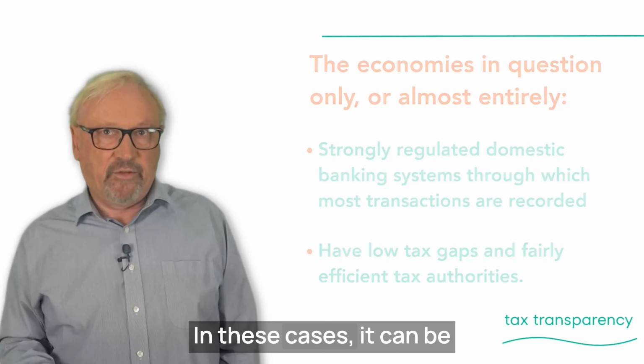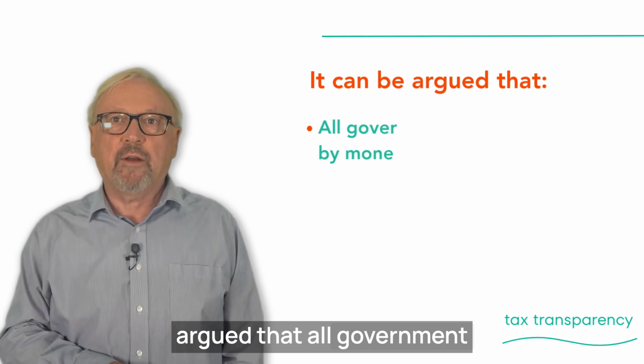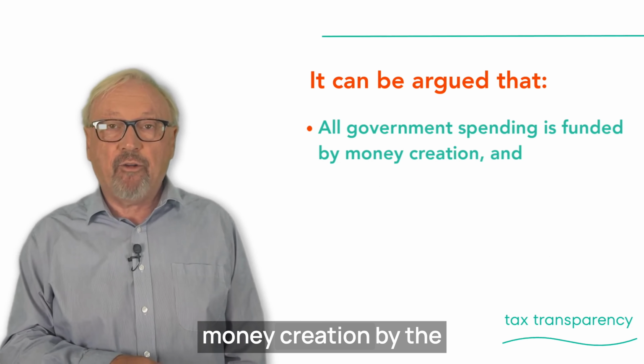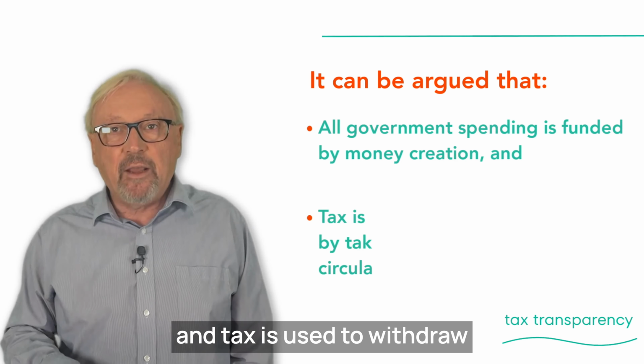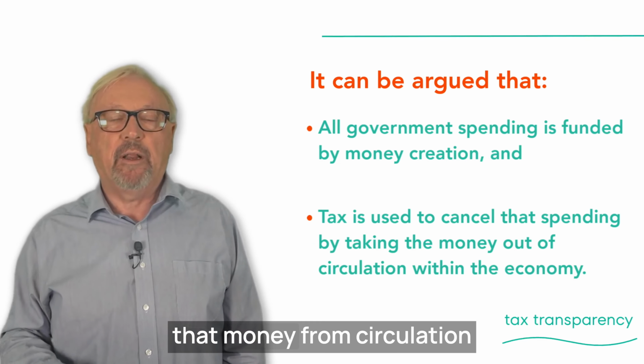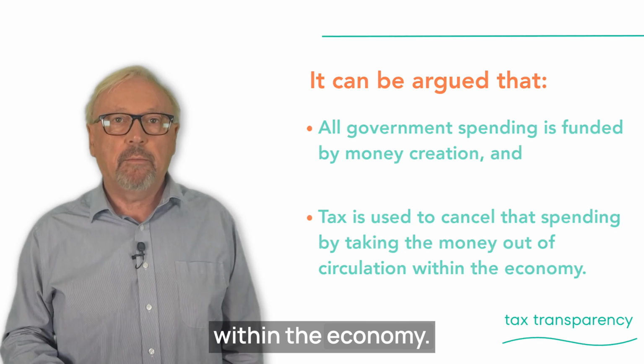In these cases, it can be argued that all government spending is funded by money creation by the central bank of the authority, and tax is used to withdraw that money from circulation within the economy.